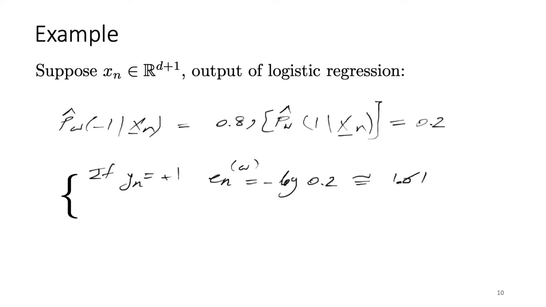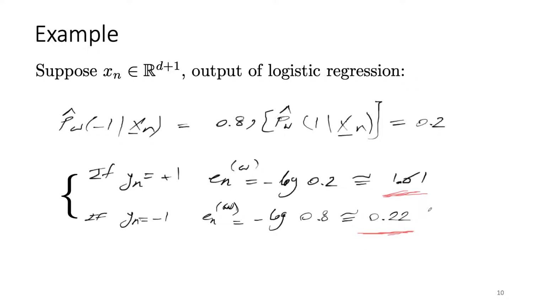On the other case, if yn was -1, the actual label, right? So these were the predictions. The log loss is actually smaller in this case.